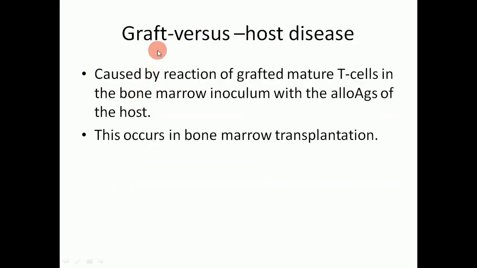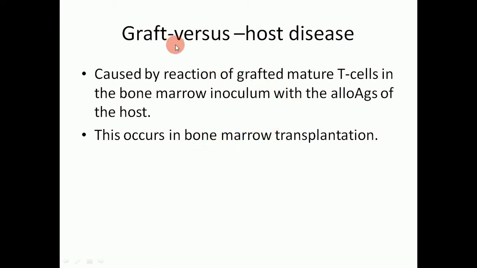There is a new subject, which is graft-versus-host disease. We spoke about the stimulation of the patient's immune system against the donor graft. Here is the opposite. The graft will attack the host immune cells, and this occurs in bone marrow transplantation.